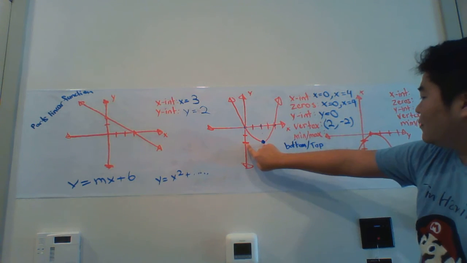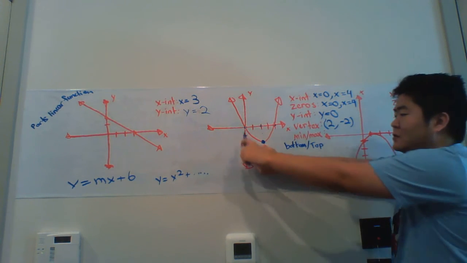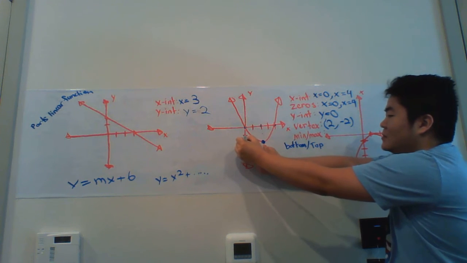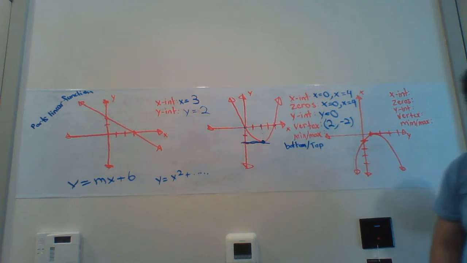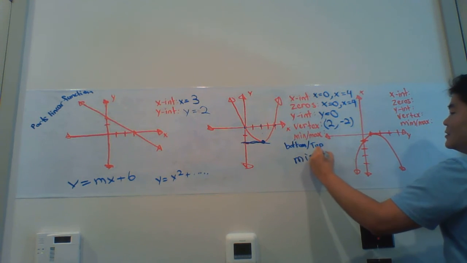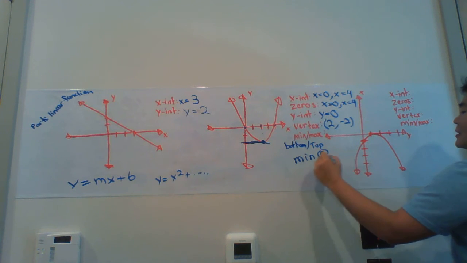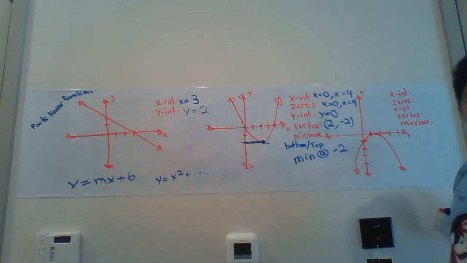So the vertex has a y value of -2. And you see that right here. If I count down 2, that's exactly where my vertex is. So I know that my min has, and this is the at symbol, min at -2.